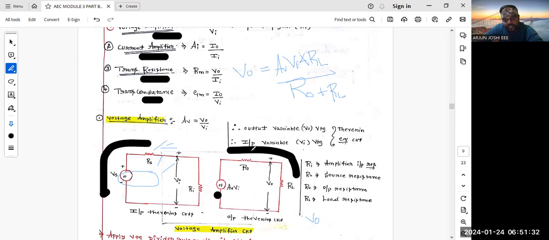This is how we need to apply the voltage divider rule.